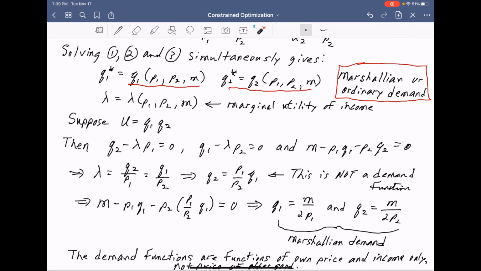Solve that for Q2 and we get Q2 is equal to P1 over P2 times Q1. But that's not a demand function because you got Q1 here instead of P1, P2, and M. If we plug that value back in and solve for Q1, we get that Q1 is M over 2P1, and Q2 is M over 2P2.